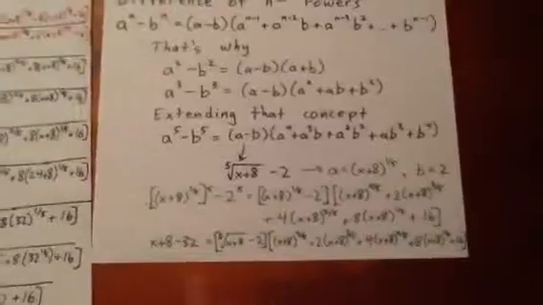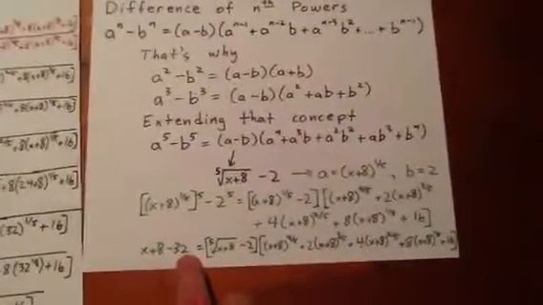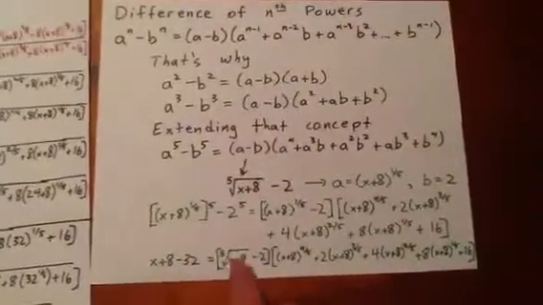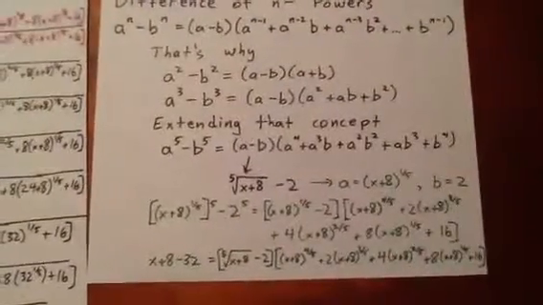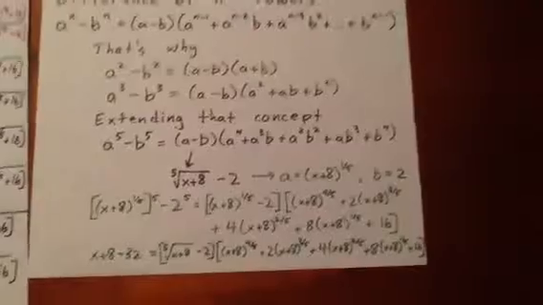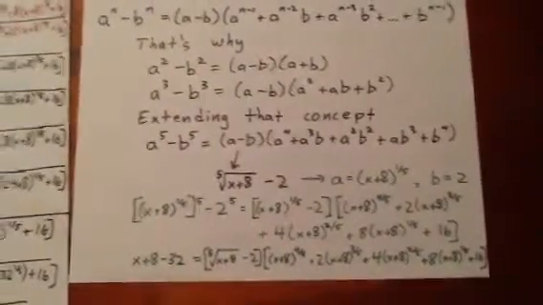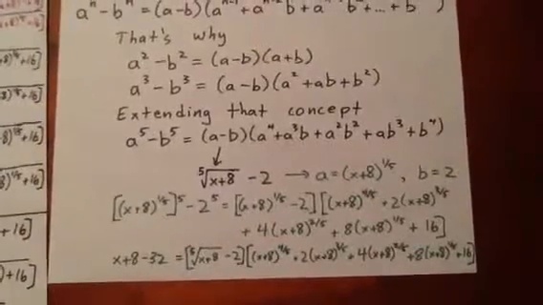So what we get is x plus 8 minus 32 equaling the original numerator that we had times this second factor. Well, x plus 8 minus 32 simplifies to x minus 24.